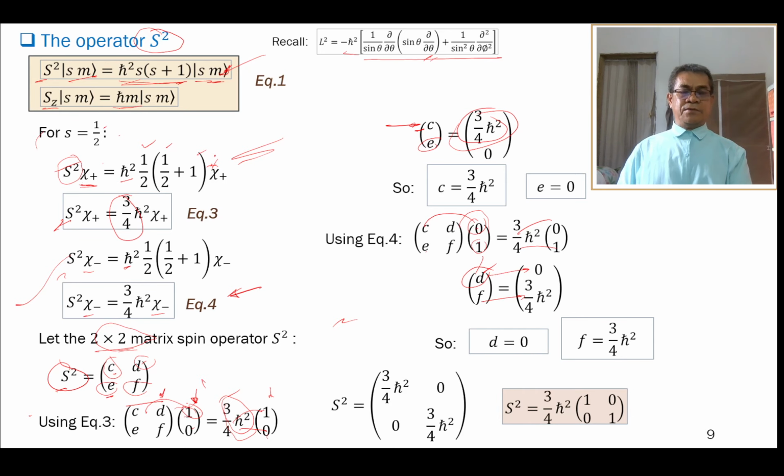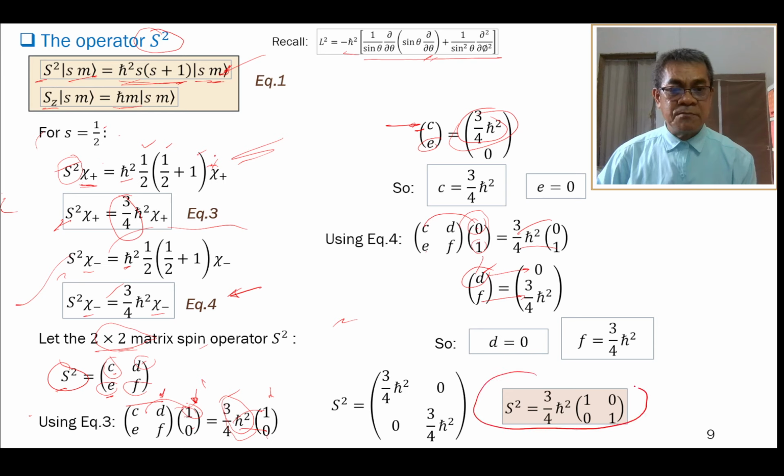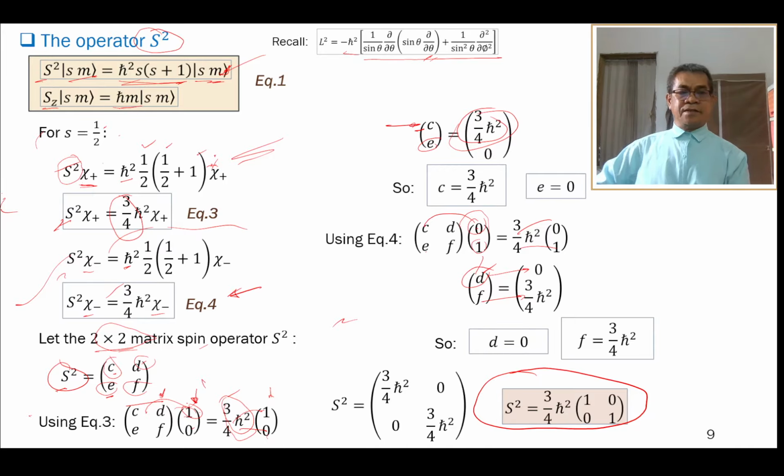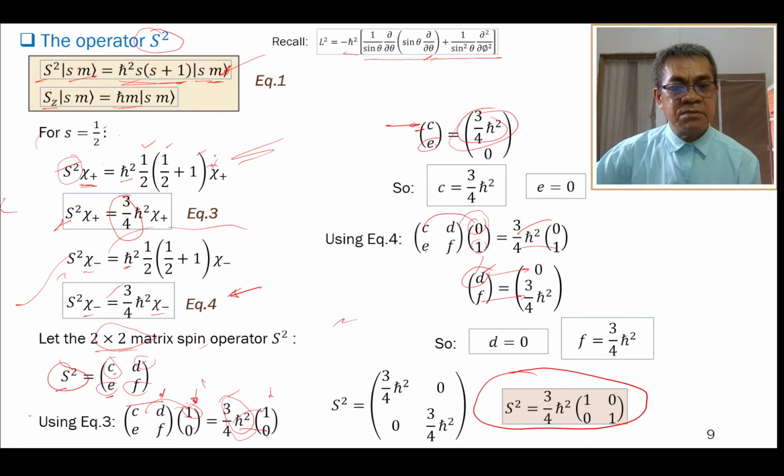So this is now what we are looking for. This is the S squared operator, and that is 3/4 h bar squared times the 2 by 2 matrix 1, 0, 0, 1.